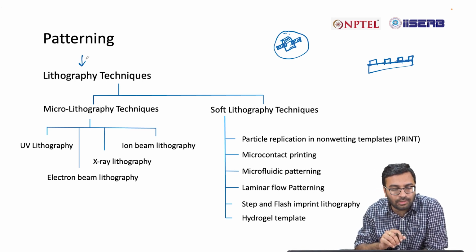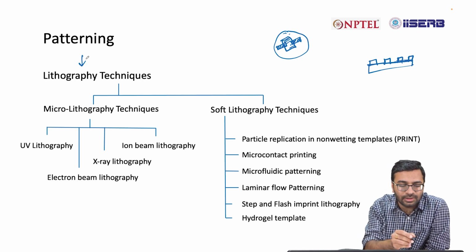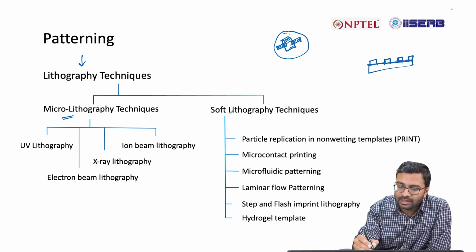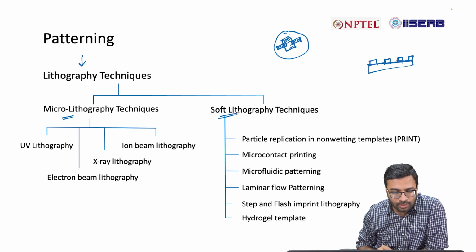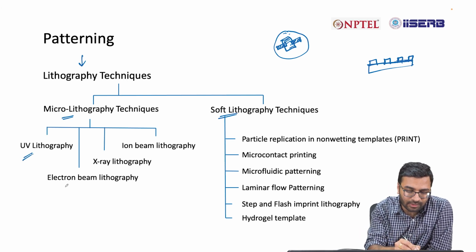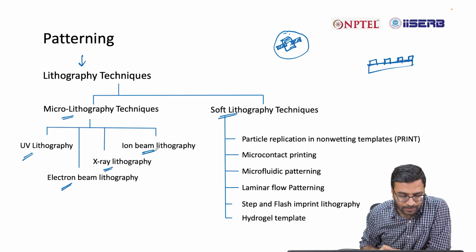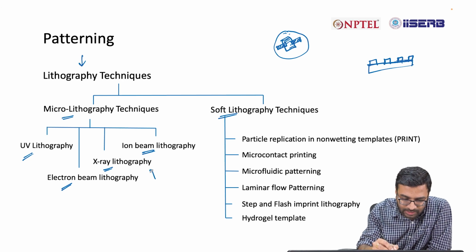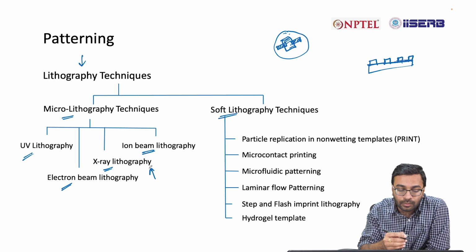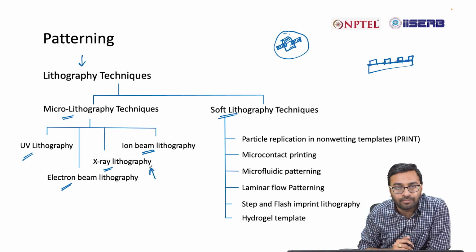One technique associated with lithography is known as microlithography. Another lithography technique is known as soft lithography. In microlithography, again we have UV lithography, electron beam lithography, then X-ray lithography and ion beam lithography. Now from the name itself it is very clear that based on the source you classify the lithography technique.